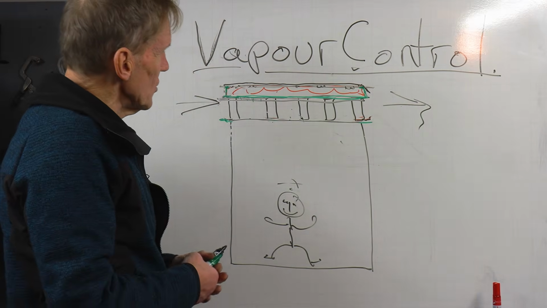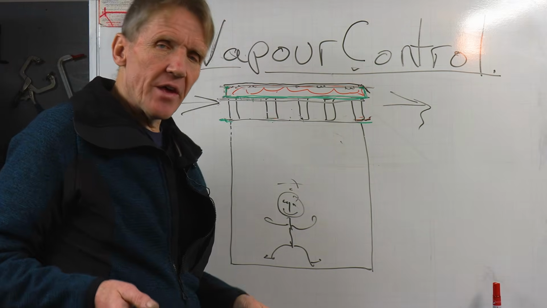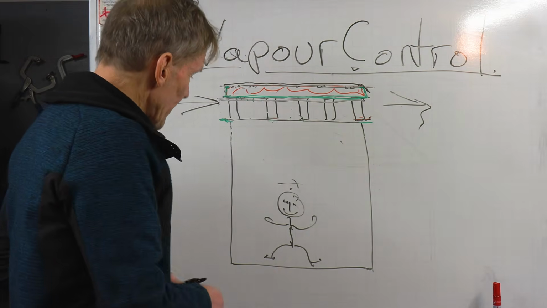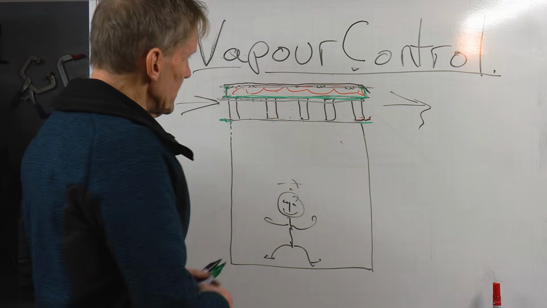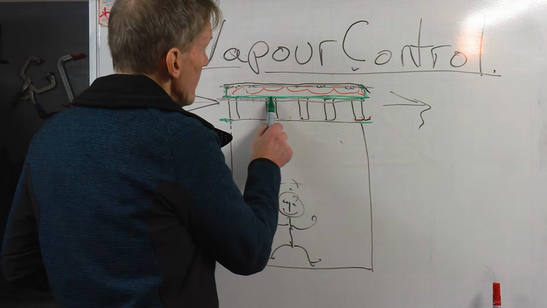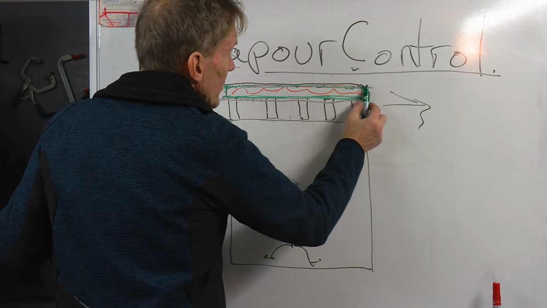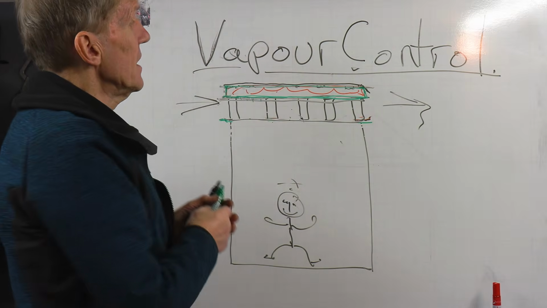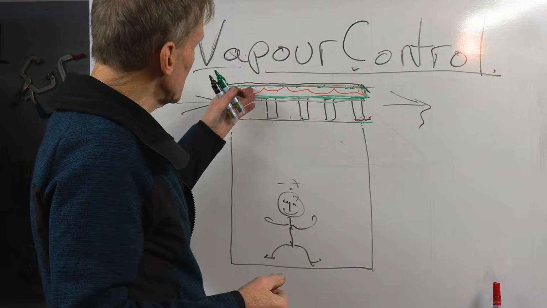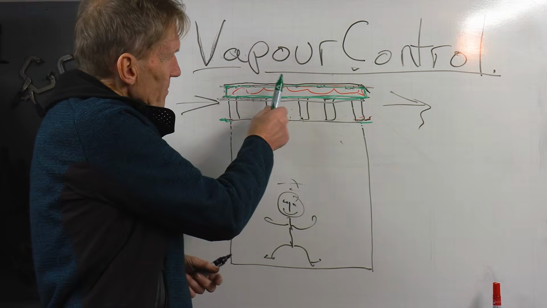So everything is good. The only trouble is that I have spoken to flat roofers, guys who do nothing else but flat roofing, and they go round to properties and they find that even when they've got a vapor barrier in, there's still problems with moisture collecting on the underside of the decking up here. So it's still managing to get through to some extent and cause some kind of rotting.